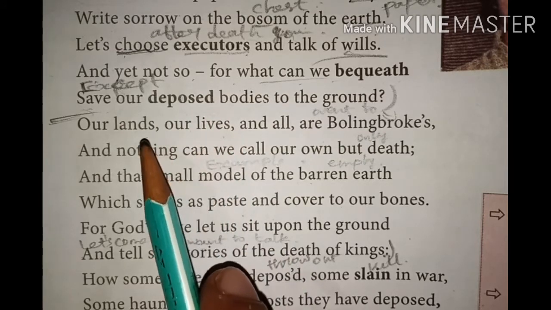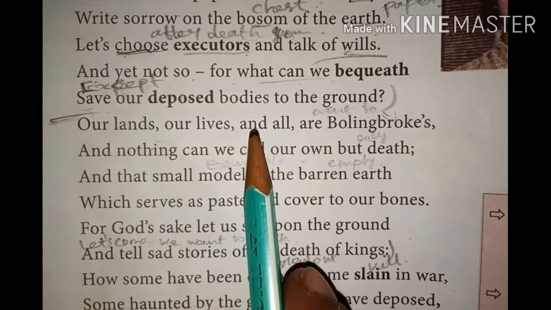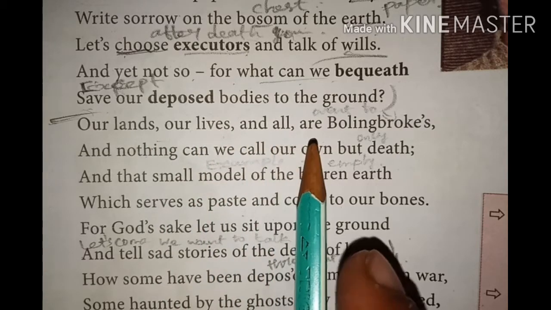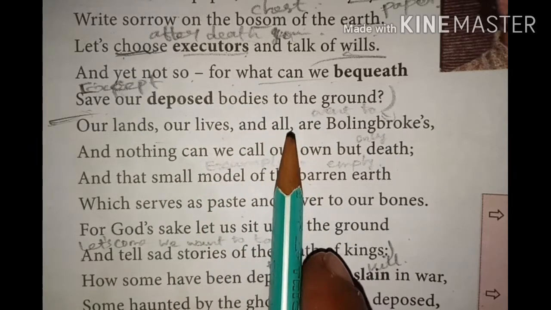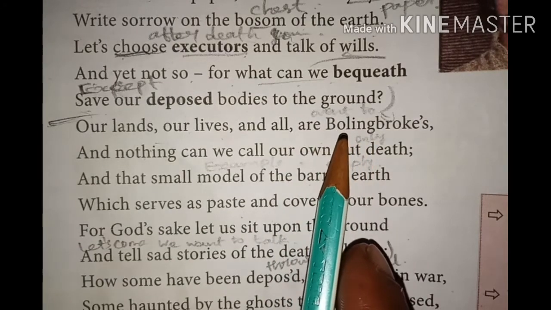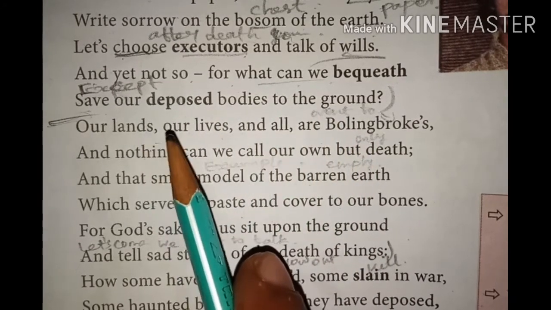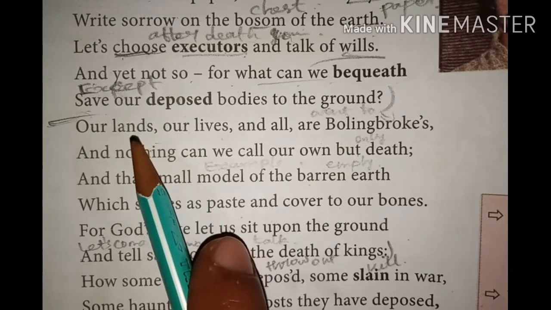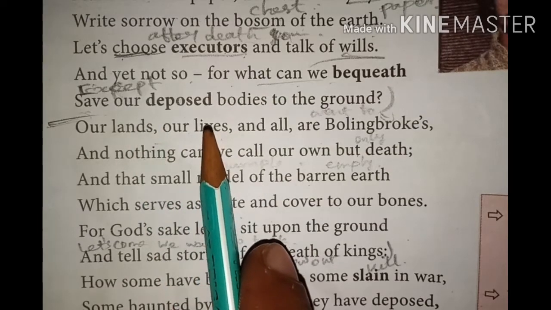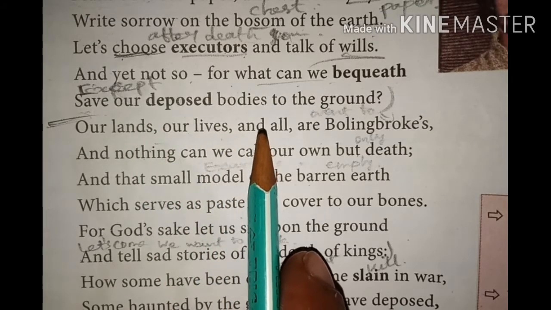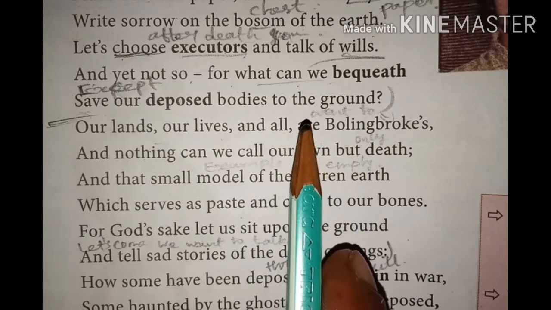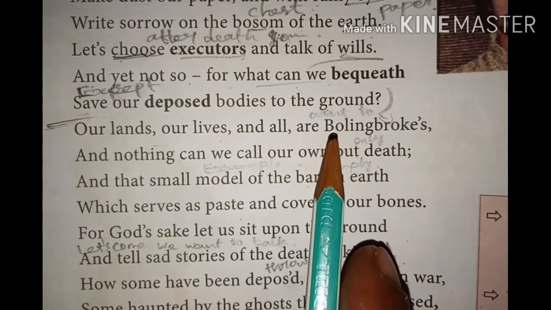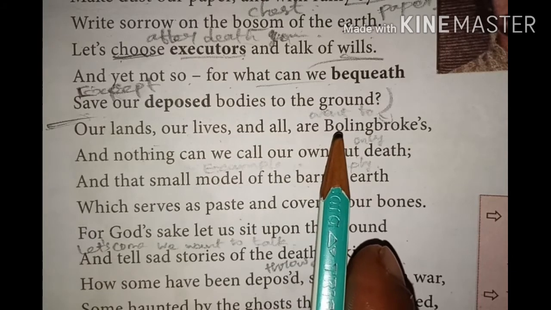It means Richard's lands and his life and everything is now going to be handed over to Bolingbroke. Because Bolingbroke defeated Richard II, every land and life and everything went to Bolingbroke's hand, because he is the next king after Richard II.